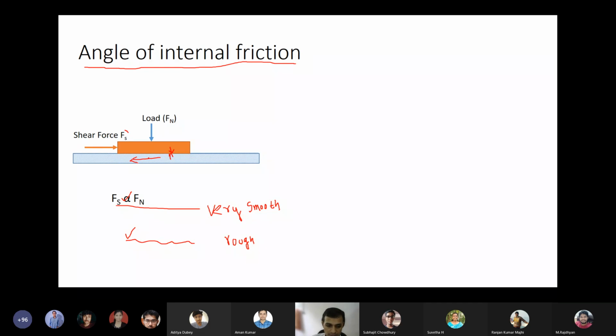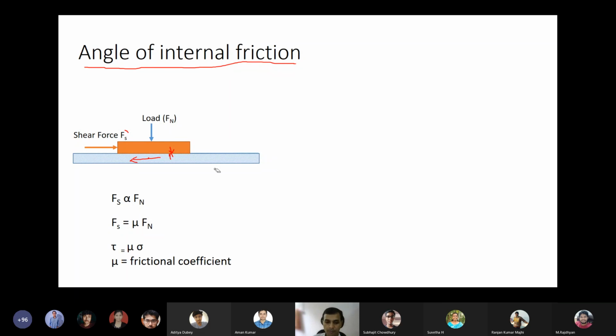So I will erase it. The shear force is proportional to the load which we are applying, and the proportionality equation will be Fs equal to the friction coefficient times Fn. If we divide both sides by area, we get shear force by area, the shear stress, and normal force by area, the normal stress.